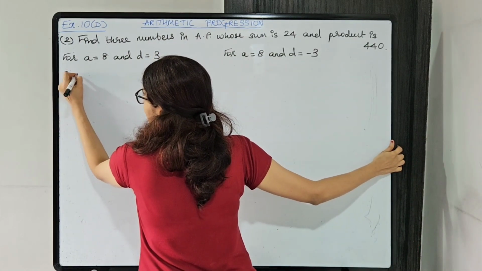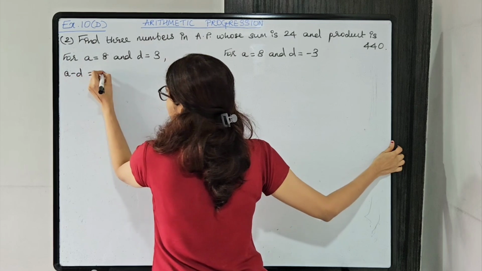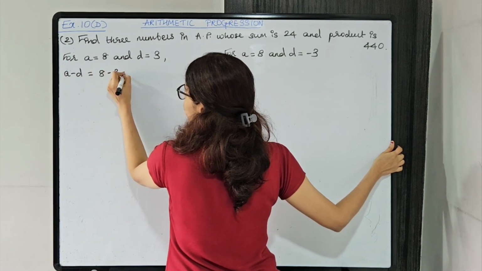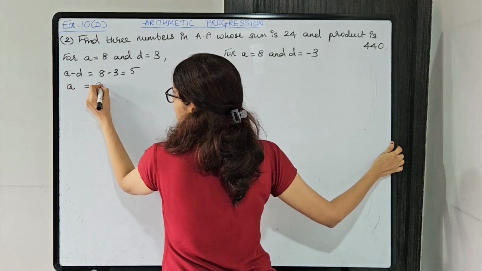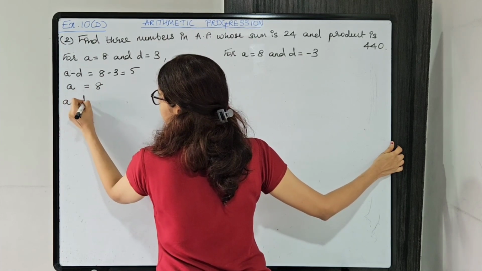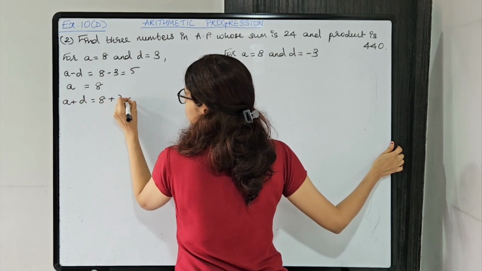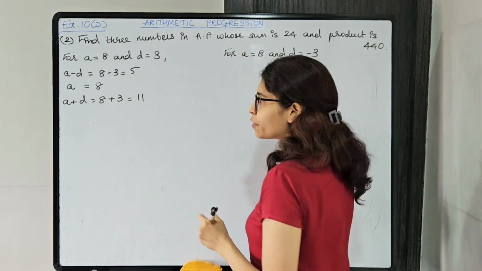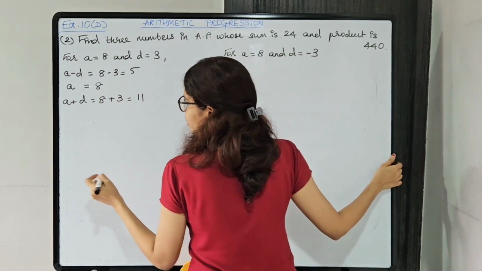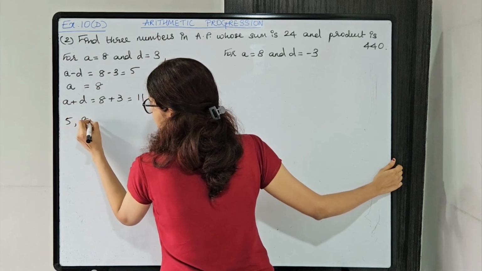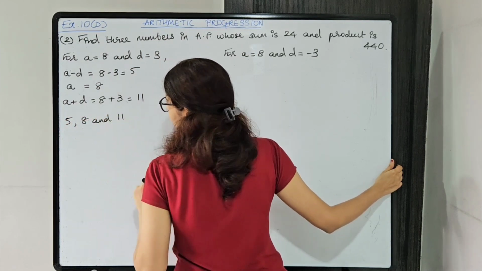For that, A minus D will be 8 minus 3, which is 5. A will be 8 and A plus D will be 8 plus 3, which is 11. Okay, so 5, 8 and 11 are the three terms of the AP.